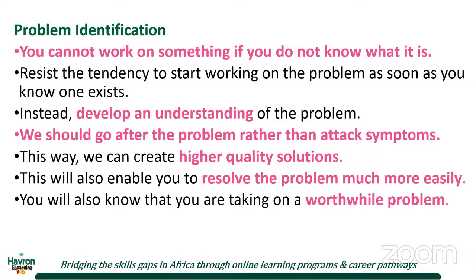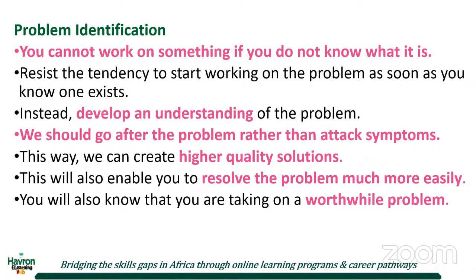Although we make decisions all the time, some decisions come easier than others. So the first step is to define the problem clearly. We have 8 suggestions to help you identify this as easily as possible. You cannot work on something if you do not know what it is.